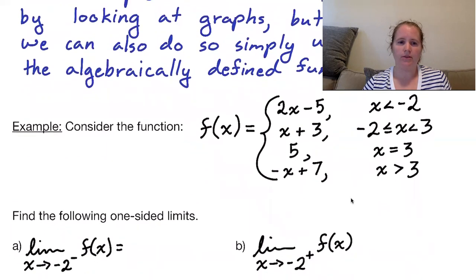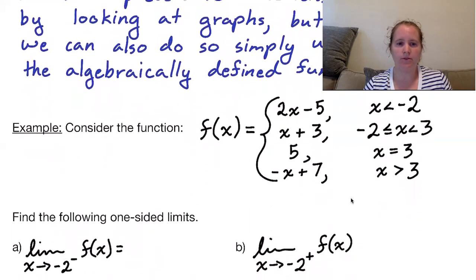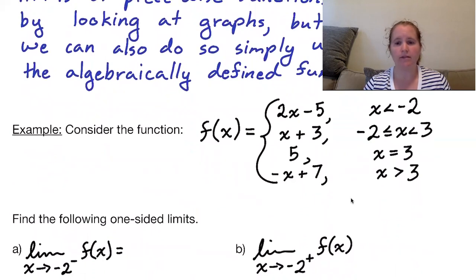So first up, we're just going to look at x equals -2 coming from the left and then from the right.